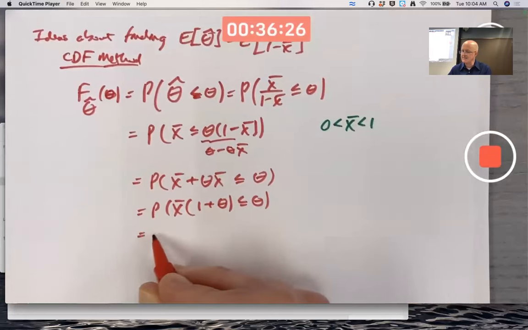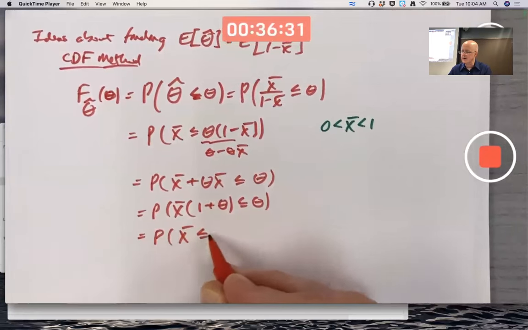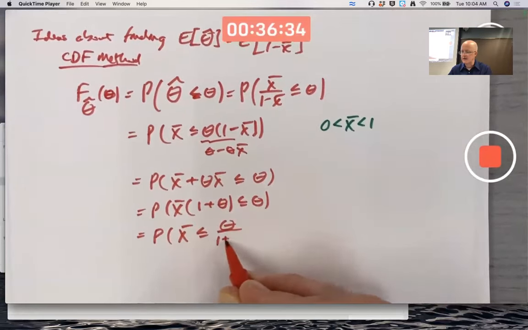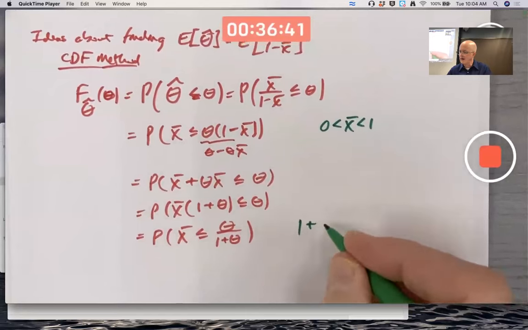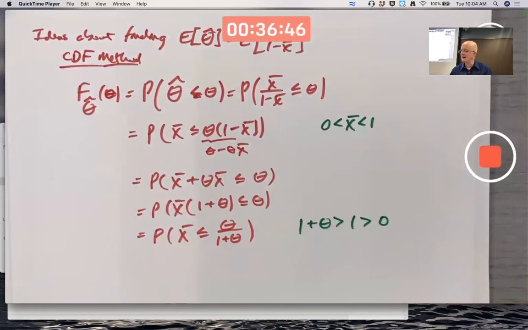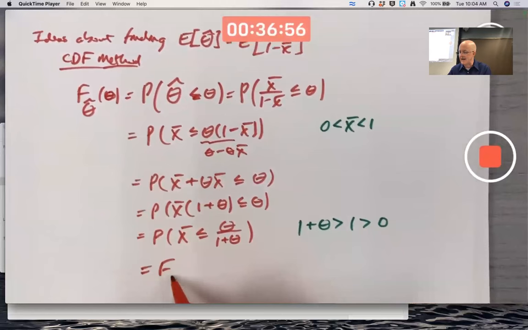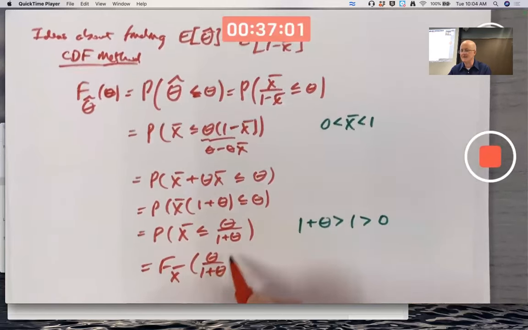Then divide both sides by 1 plus theta, which is also positive, so it doesn't change the direction of the inequality. One plus theta is bigger than 1, which is positive. Theta is bigger than 0. That's good because that's going to relate to the CDF of x bar. Plug in theta over 1 plus theta.